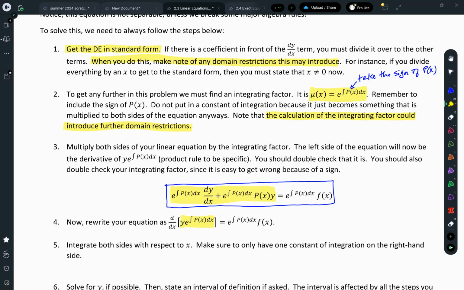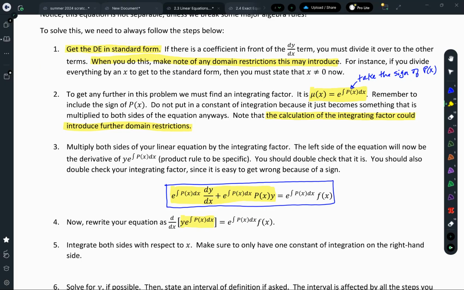Now, once we have our integrating factor multiplied all the way through, and on the left-hand side, we have rewritten our sum of stuff to be the d/dx of y times e to the integral of p of x dx, then we're in a position where we have a function of x on the left, a function of x on the right, and so we can integrate both sides with respect to the same variable, x.